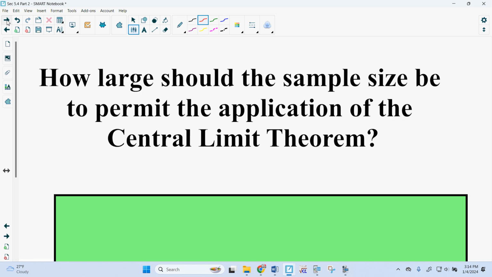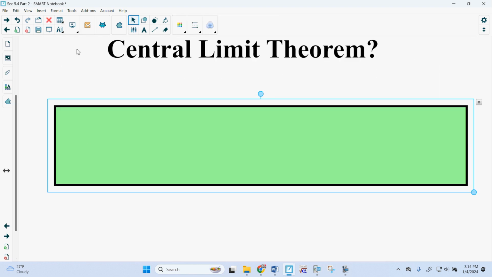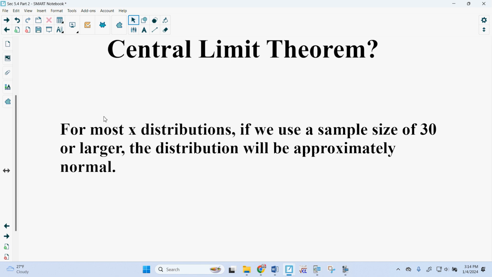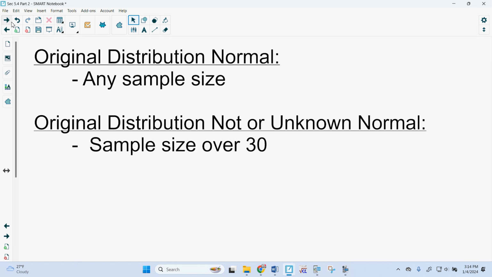Now, we do have to be careful with one thing. How large of a sample should we have so we can be confident that this works? The general rule is that for most distributions, we want a sample size of 30 or larger to say that the distribution is approximately normal. So if the original distribution is normal, any sample size will work. If the original distribution is not normal, we need a sample size of over 30.